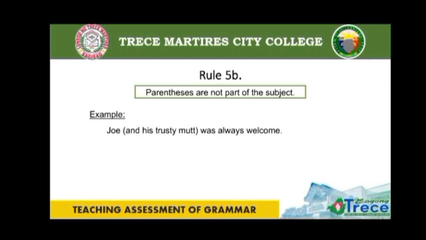The words inside the parentheses, we just need to ignore when applying subject-verb agreement. So Joe is our subject, which is singular. Therefore, our verb is also singular, which is "was." So you just need to ignore the words inside the parentheses.